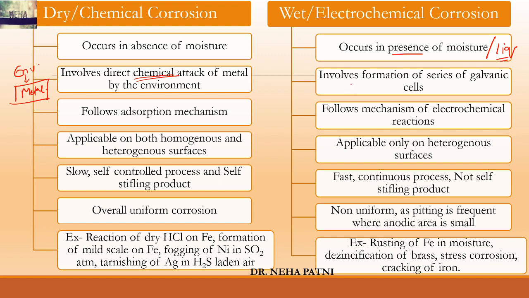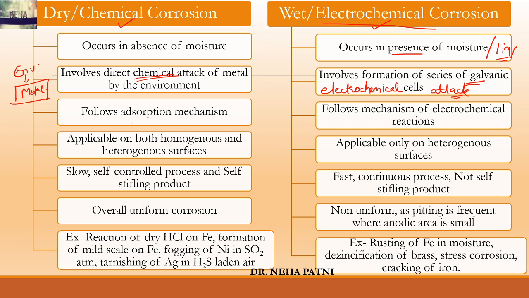While in wet corrosion, the attack is electrochemical in nature, and that's how you call this chemical corrosion and this electrochemical corrosion, because here there will be a series of galvanic or electrochemical cells developing on the metal. So there is not a direct chemical attack, but an electrochemical attack. Fine, the second point is clear.